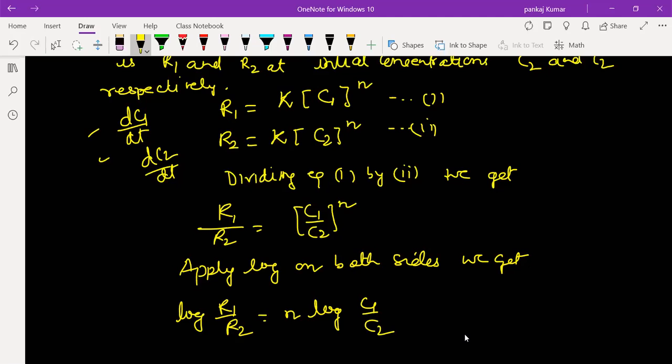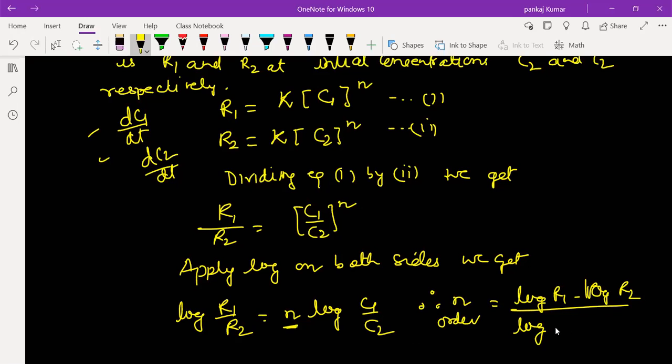Then what is the value of the order? So the order will be equal to log R1 minus log R2, divided by log C1 minus log C2.